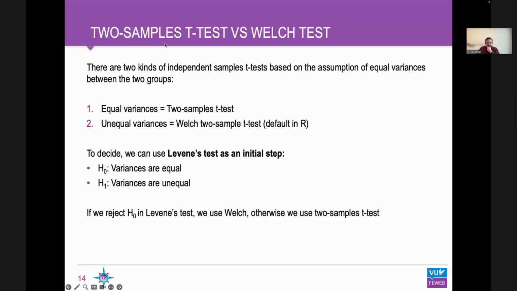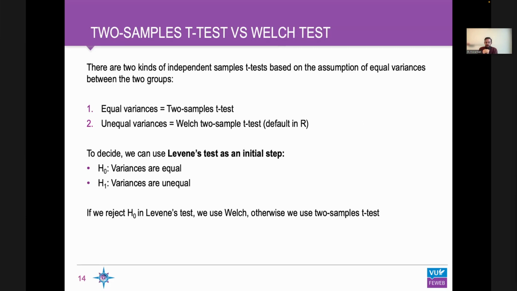So the two sample t-test versus what's called a Welch test. In the case of an independent sample t-test, you need to say something about the equality of variances between group 1 and group 2.